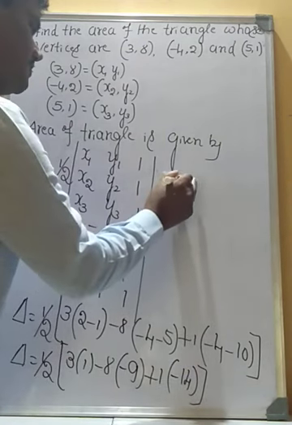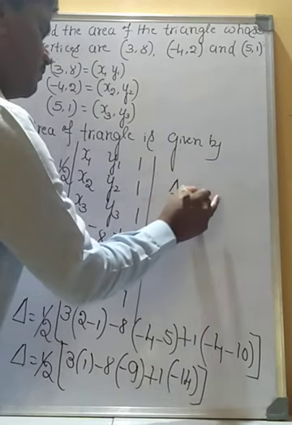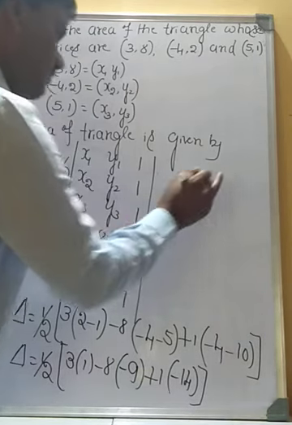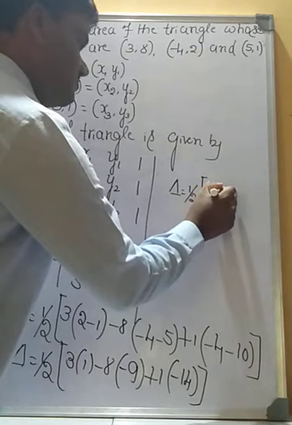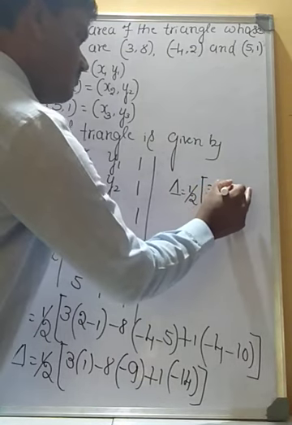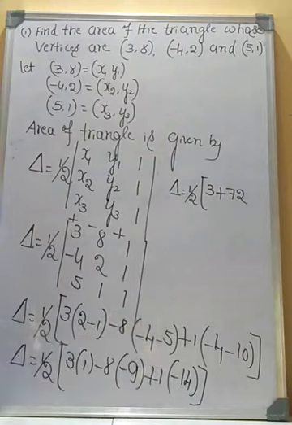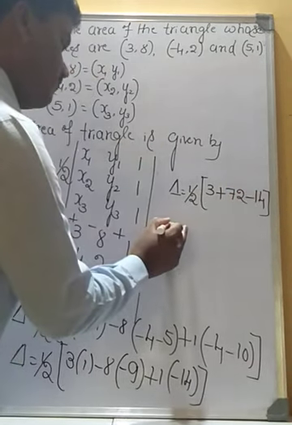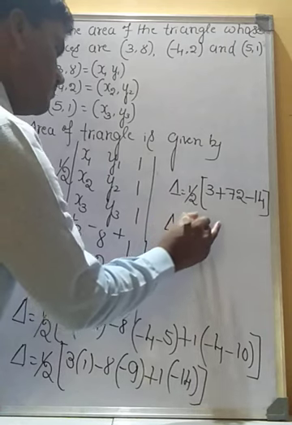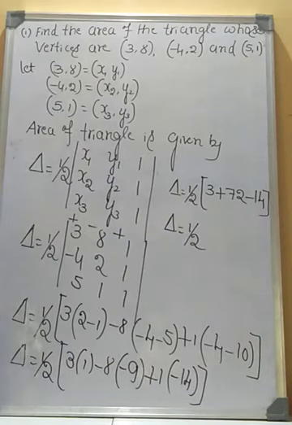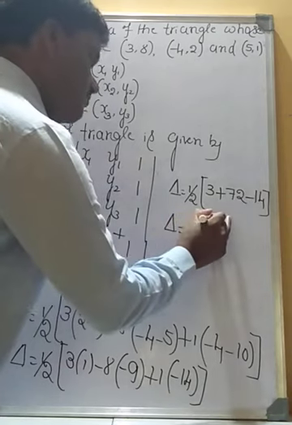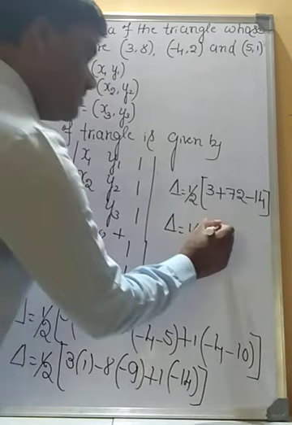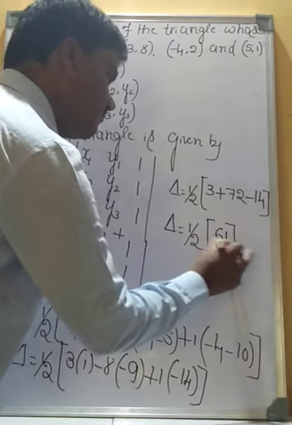Therefore delta is equal to half into 3, minus into minus plus, 9 eights are 72, plus into minus minus 14. Therefore delta is equal to half into 3 plus 72, 75, minus 14, 61.